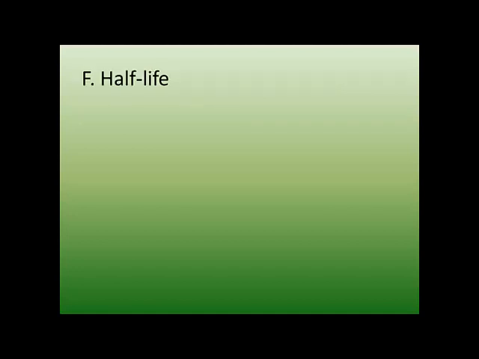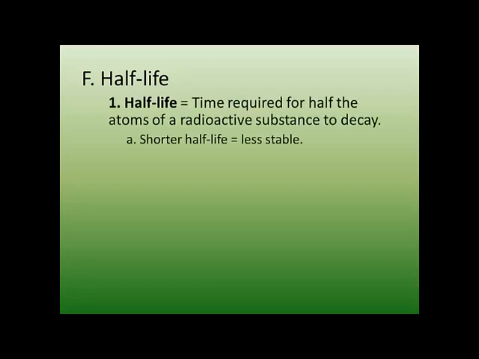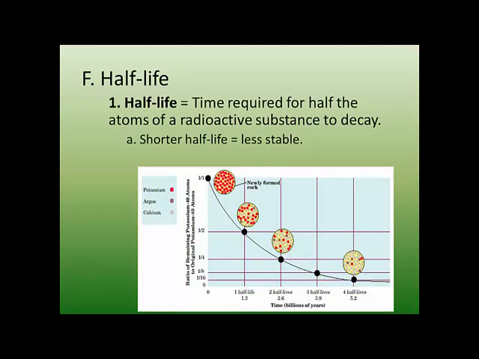Now, letter F on your notes is the half-life. A half-life is the time required for half of the atoms in a radioactive substance to decay into something else. It may be a totally new type of atom, or it may be a different isotope from what you started with.